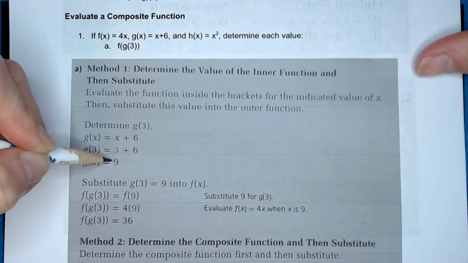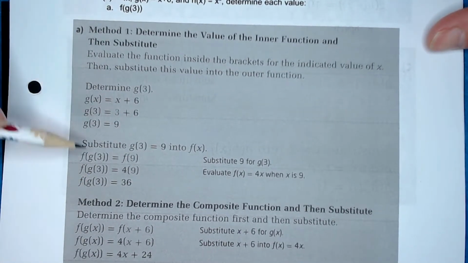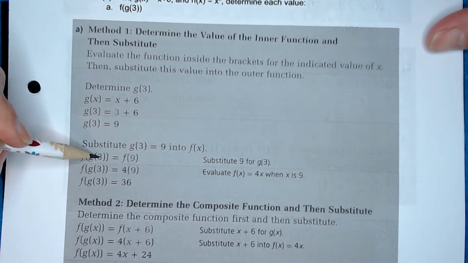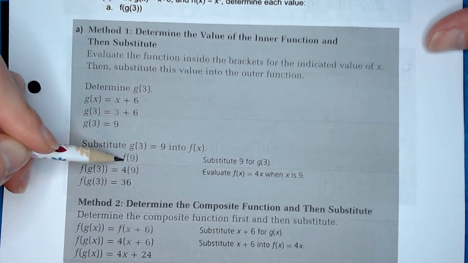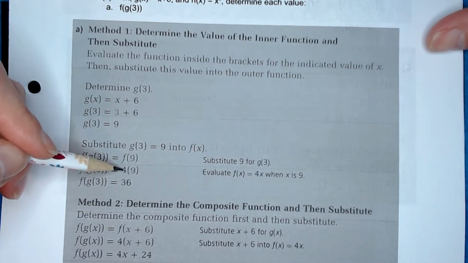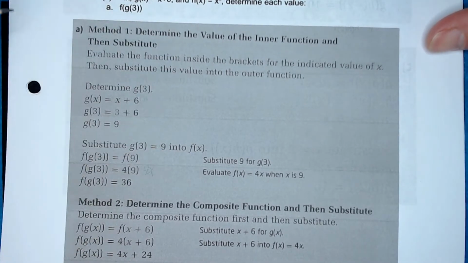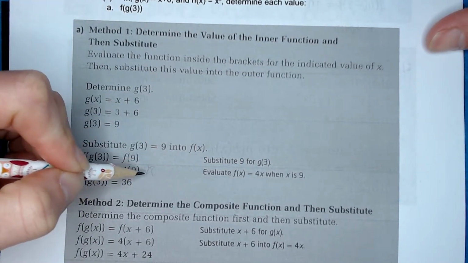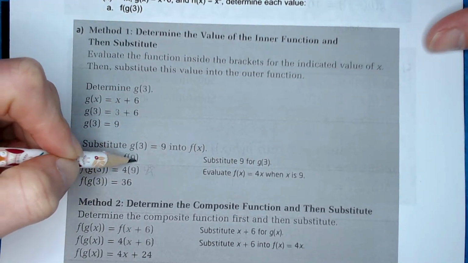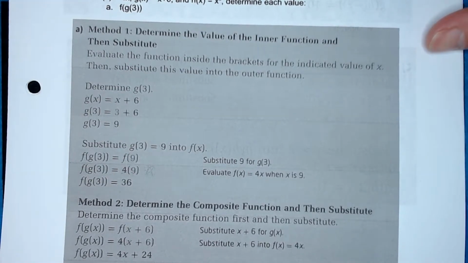Now that we have that 9, you're going to substitute that 9 into f of x. So f of g of 3 is equal to f of 9. And we remember that f of x is 4x. And wherever there's an x, we're going to put the value of g of 3, which is 9. 4 times 9 gives us 36.